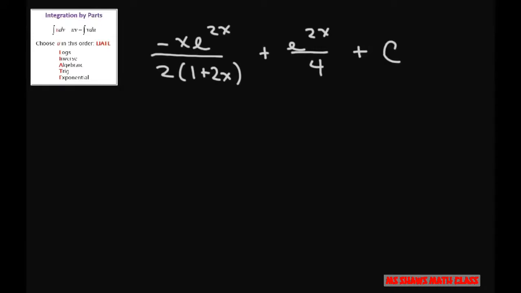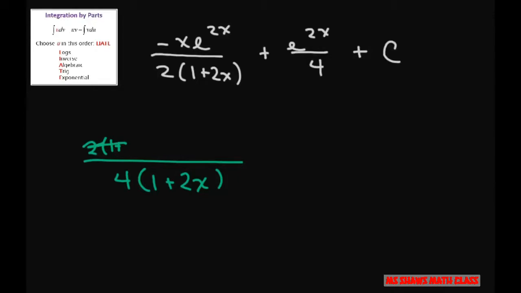Now let's straighten this up, and our common denominator is going to be 4 times 1 plus 2x. So that means I'm going to have to multiply the numerator. For the numerator, I just have to multiply it by 2, sorry.